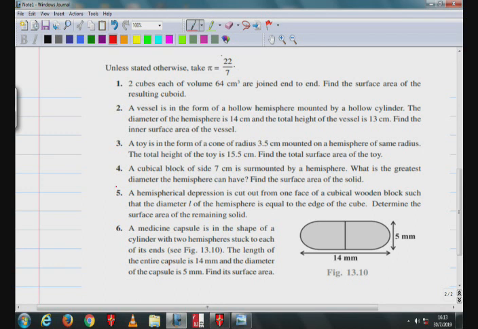That's correct, CC4. The answer is 214.5. And after that, try question number 6. Those who have completed the third one, try question number 6 now.